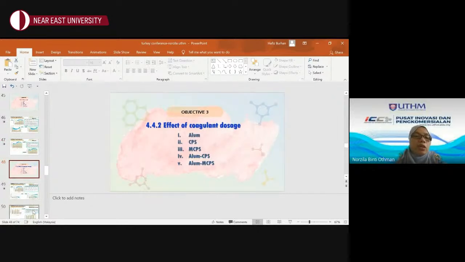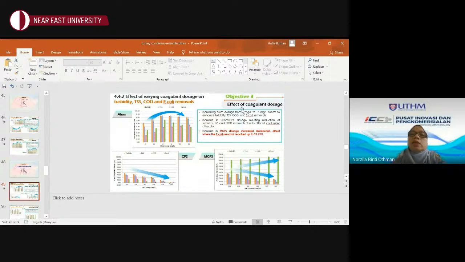How about the effect of coagulant dosage? Increasing LM dosage from 5 mg per liter to 15 mg seems to enhance turbidity, TSS, COD, and E. coli removal. Besides that, an increase in CPS or MCPS dosage resulted in reductions of turbidity, TSS, COD removal due to difficult coulombic attraction. Increasing the MCPS dosage increases the infection effect, where the E. coli removal is up to 91%.